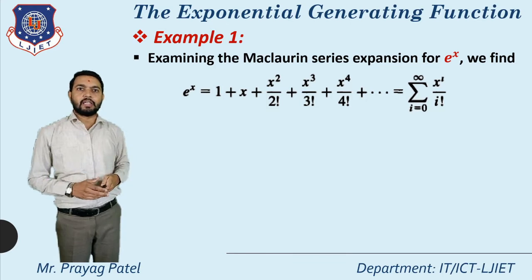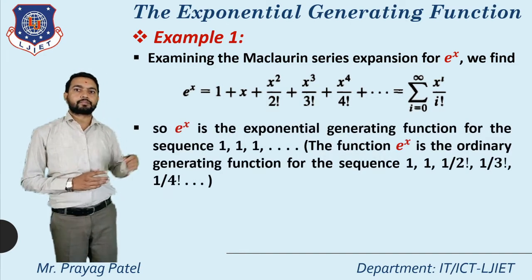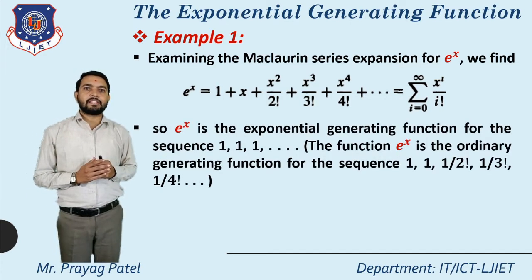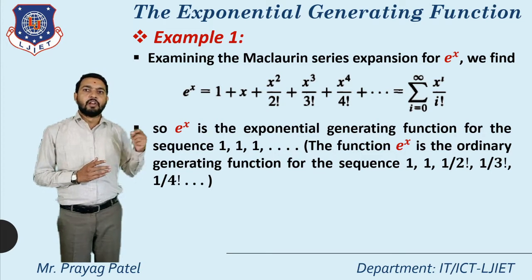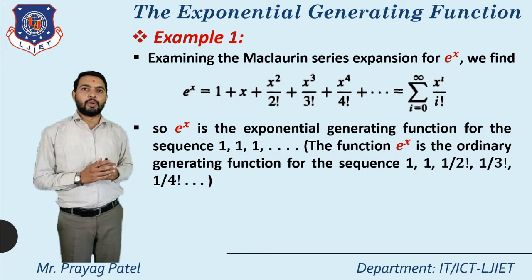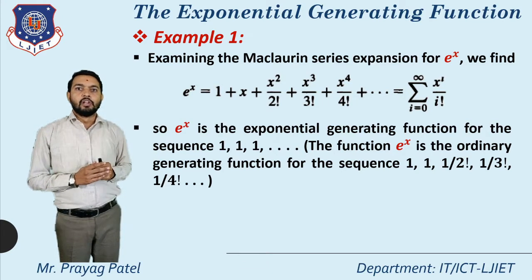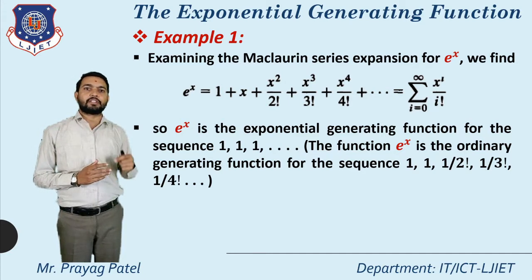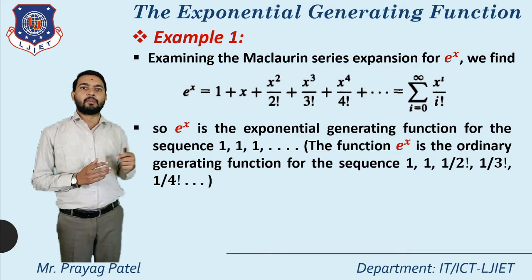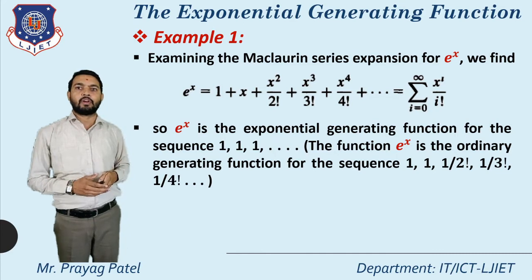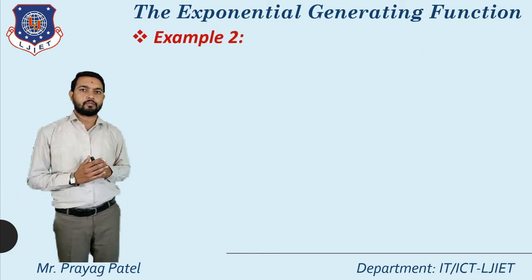So this is just the series for e raised to x. So e raised to x is the exponential generating function for the sequence 1, 1, 1, because the coefficient multiplied is 1. The function e raised to x is the ordinary generating function for the sequence 1, 1, 1 upon 2 factorial, 1 upon 3 factorial, 1 upon 4 factorial, like this.